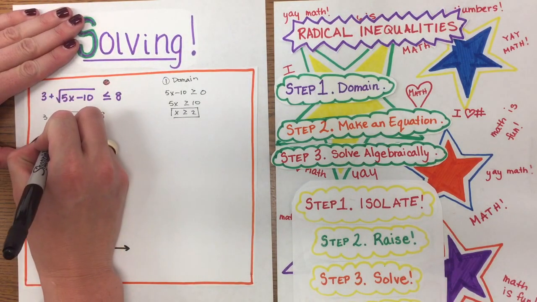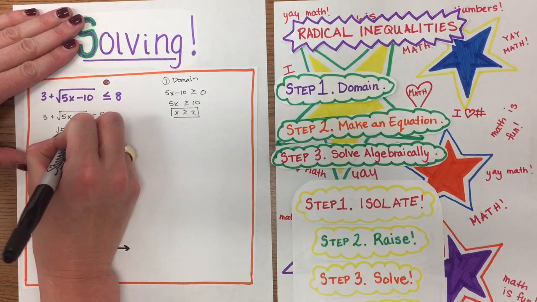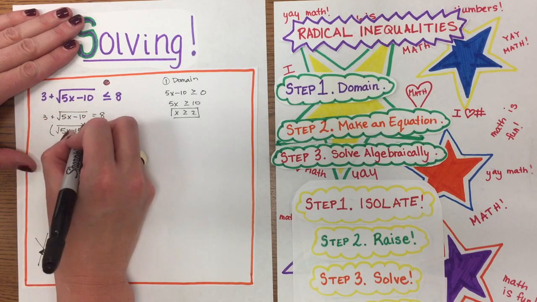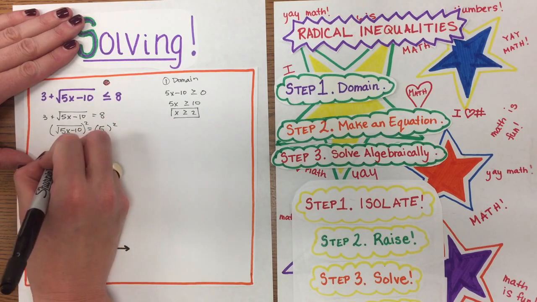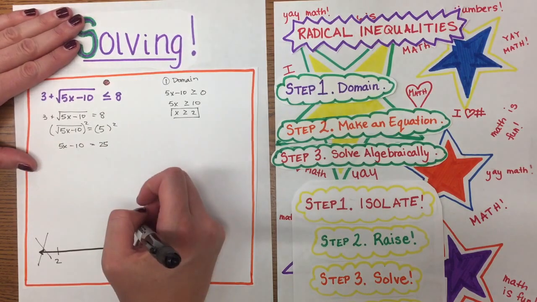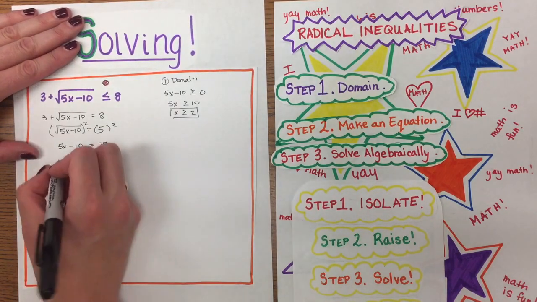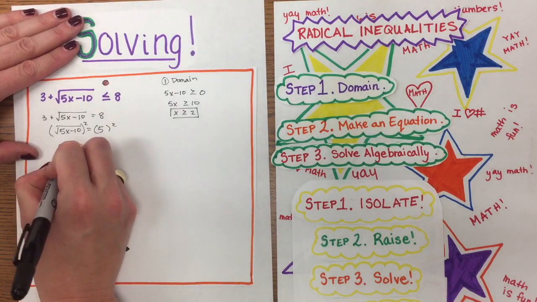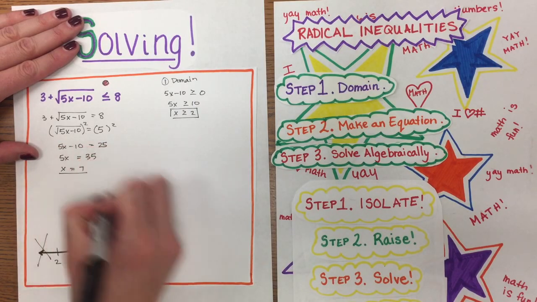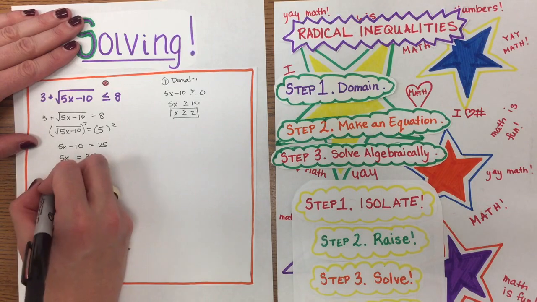All right, isolate. Raise, I'm going to square both sides to get rid of the square root. Remember, if it was a cube root or a fourth root, we'd need to raise it to the appropriate power for that. And now I'm going to solve. And I get x equals 7.